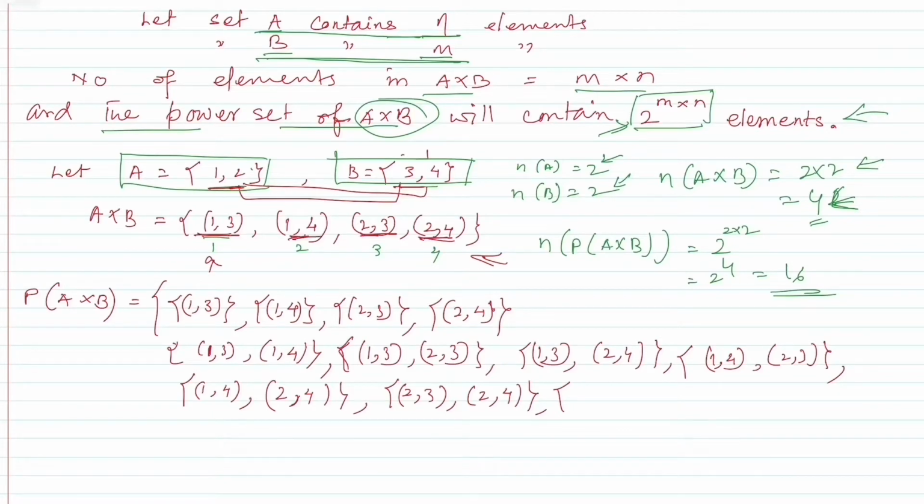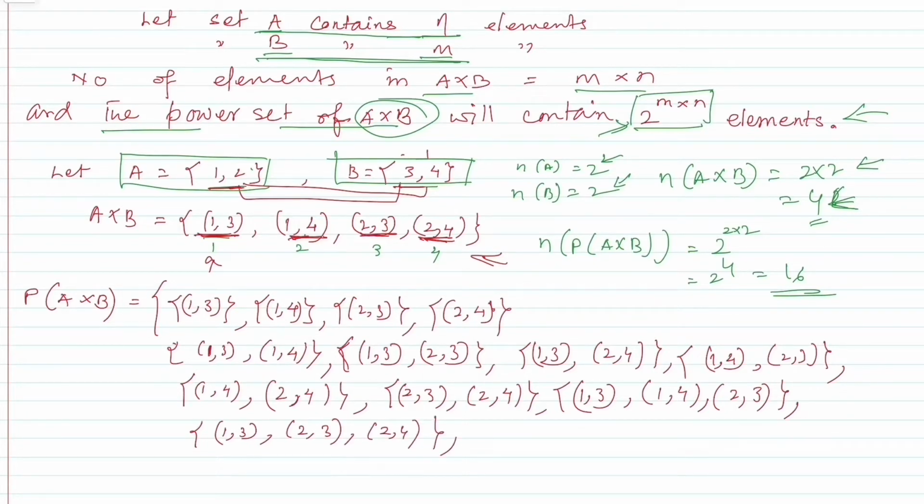Let us take the first, second, third in the first subset, 1 comma 3, then 1 comma 4, then 2 comma 3. Then let us take the first, second and fourth in the next set, that is 1 comma 3, 1 comma 4, then 2 comma 4.